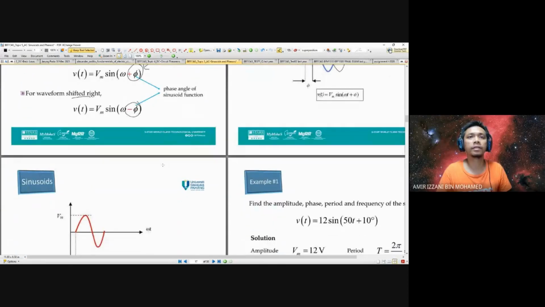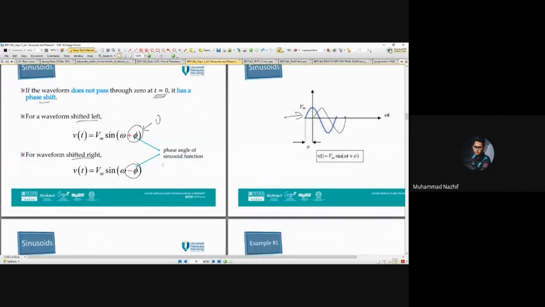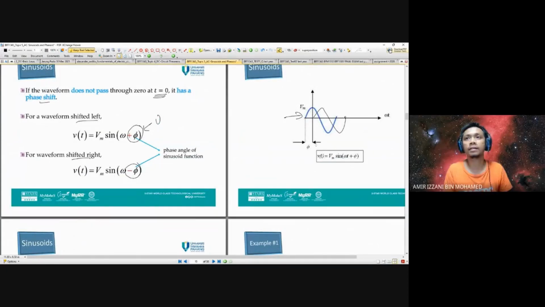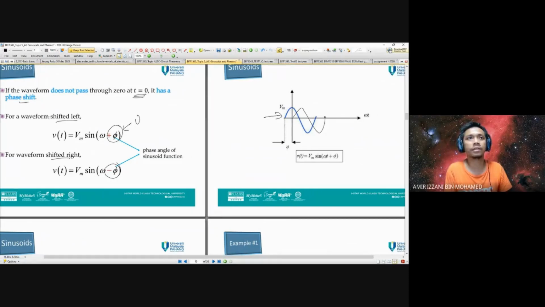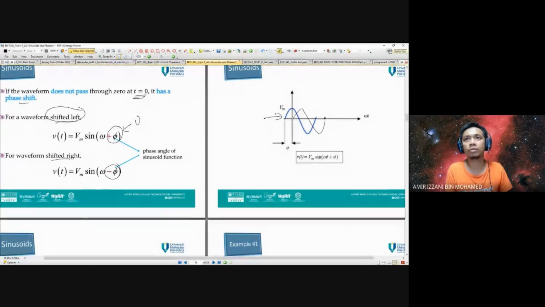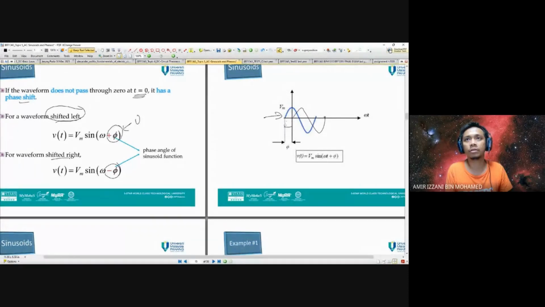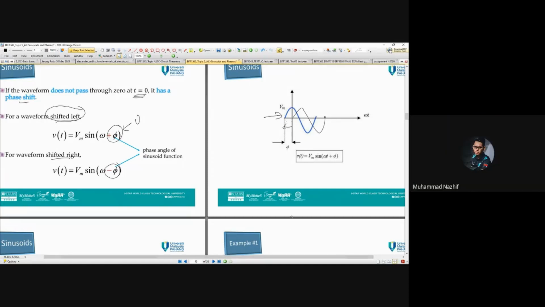Sir, what's the difference between shifted left and shifted right? I mean on the graph. Yeah, you see this graph? This is shifted to the left, from 0 to the left, the negative side, if you can think of that. So 0 to negative, so it's plus phi. It moves to the right from 0.